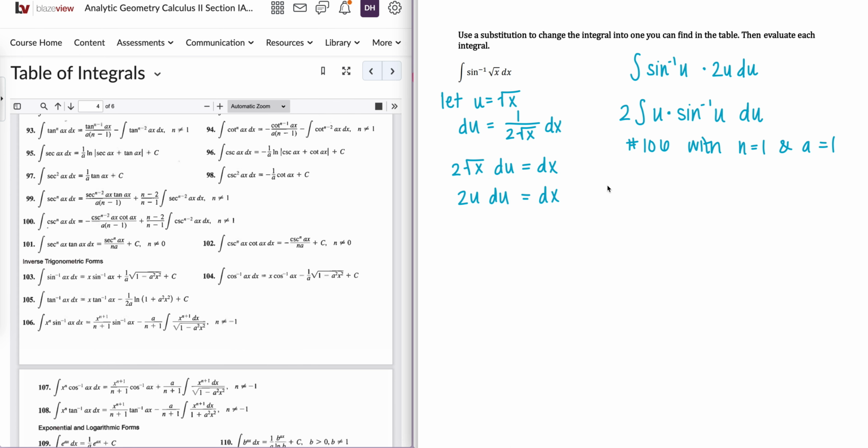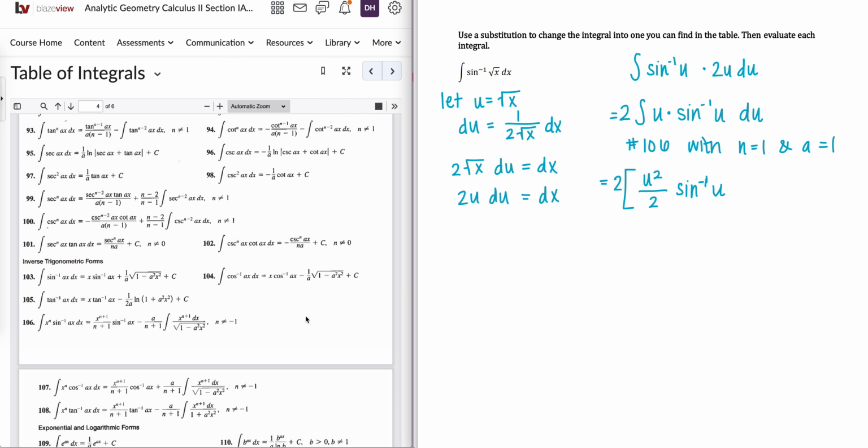Keep in mind that we've got a 2 in front of the whole thing. So it's x to the n plus 1. So in our case, it's going to be u to the second power over n plus 1, that's going to be 2 as well, times the inverse sine of ax, well in our case it's au, so 1 times u is u.